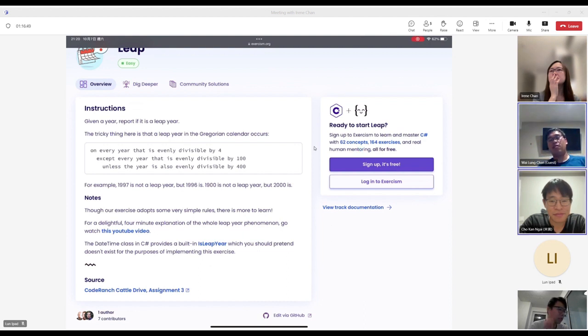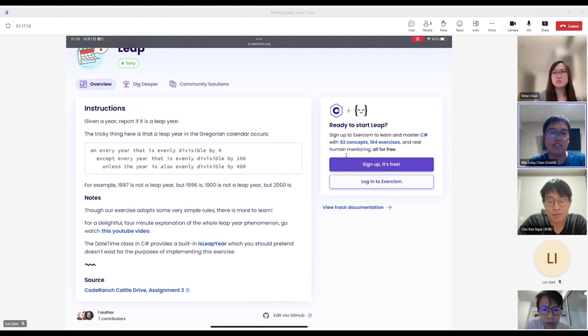So if it is divisible by 4 and then it is divisible by 100, then we need to check if it is divisible by 400. If it is also divisible by 400, that means it is a leap year. If not, it is not a leap year. Just like 1900, right? 1900 is divisible by 4. So it may be a leap year due to the first condition, right?